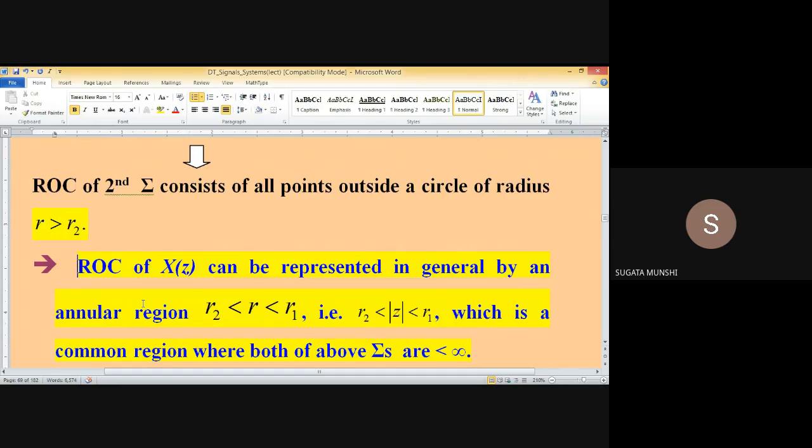If you come up with a sequence for whose Z transform you find that R1 is less than R2, for those sequences the Z transform won't exist. You may come up with such sequences for which, in the expression for the Z transform, R1 comes out as less than R2. So for those sequences, the Z transform won't exist because there is no common region where both of the summations will converge.